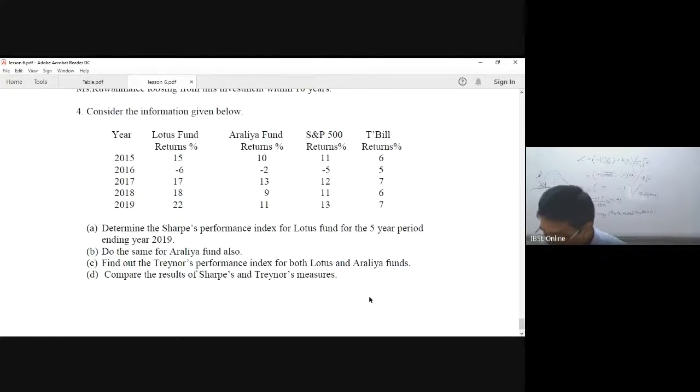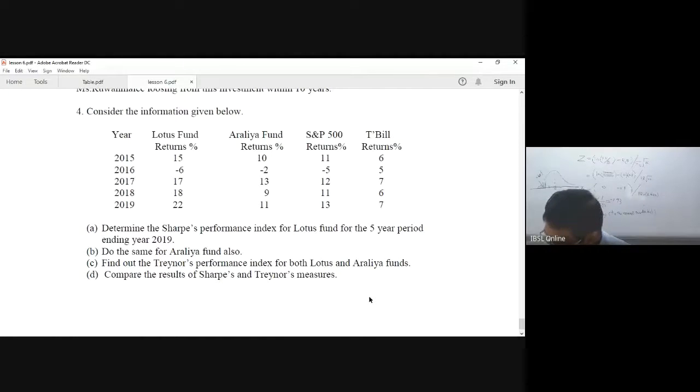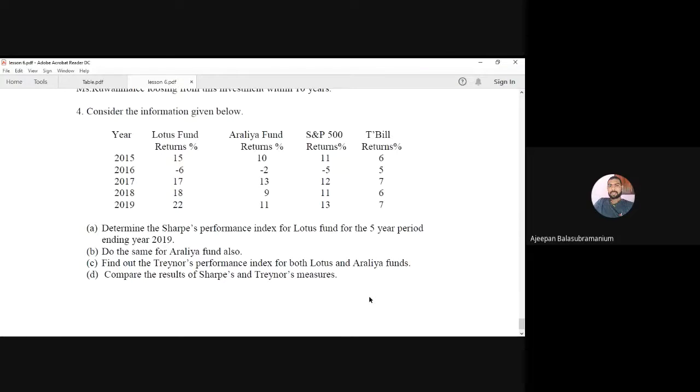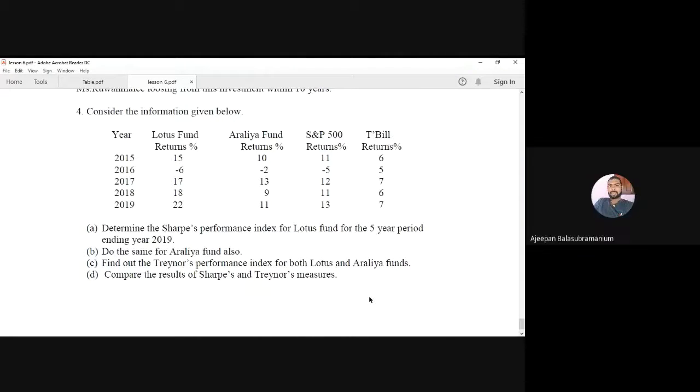Then what you can do is, first of all, 15 minus 13.2, you have to square that, plus minus 6 minus 13.2, that is 19.2 squared, and 17 minus 13.2 squared, 18 minus 13.2 squared, 22 minus 13.2 squared, and that is to be added up and divided by 5, and the value has to be square rooted.